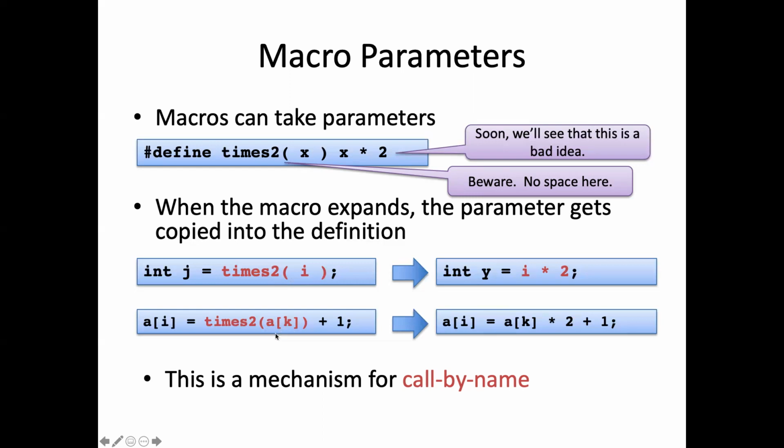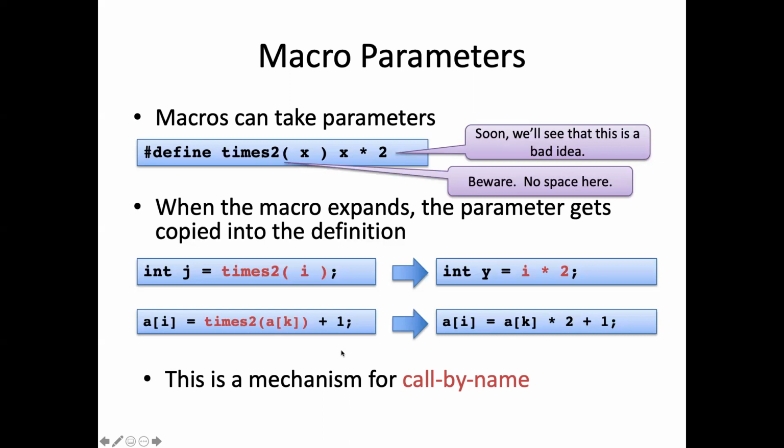The macro definition gets expanded to a sub k times 2, and the surrounding syntax gets left unchanged. So because I had a +1 over here, that +1 is still here after the macro is expanded. So this lets you compute really arbitrary expressions inside a macro. And when they get expanded, you get whatever you gave as the macro definition, with the parameters replaced by whatever you passed in.